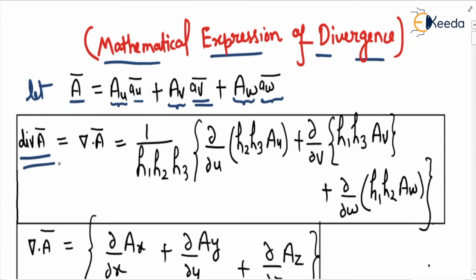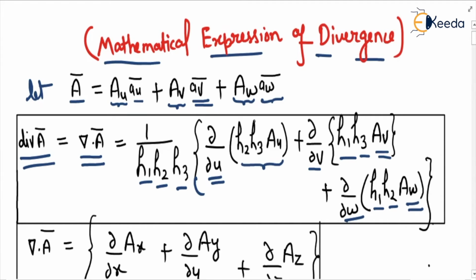So the divergence of a vector, del dot A, is 1 upon h1 h2 h3 times del over del u of h2 h3 A_u plus del over del v of h1 h3 A_v plus del over del w of h1 h2 A_w. Now what are h1, h2 and h3?